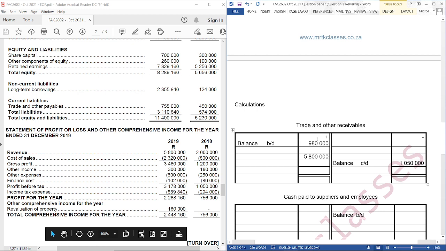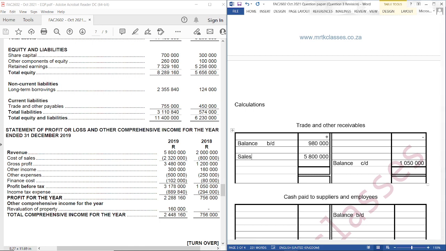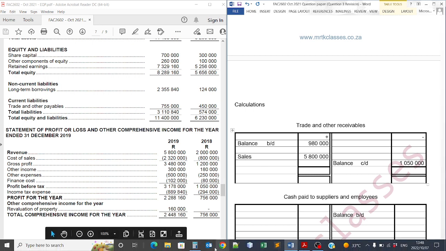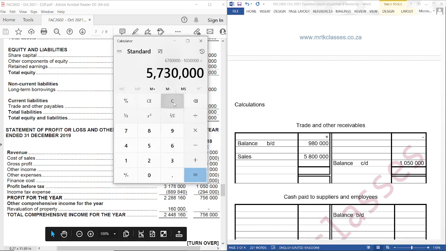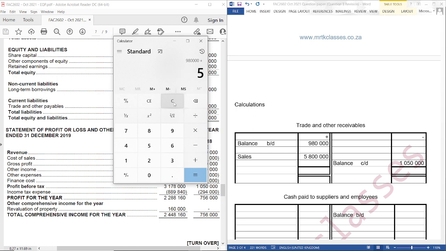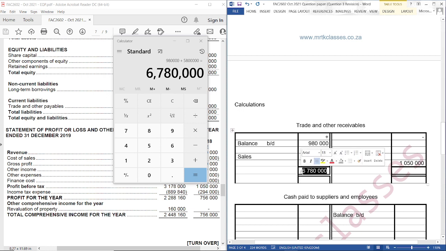This is the balance at the beginning, sales for the current year, balance at the end. Sales. Then our total: 980,000 plus 5,800,000 is 6,780,000.